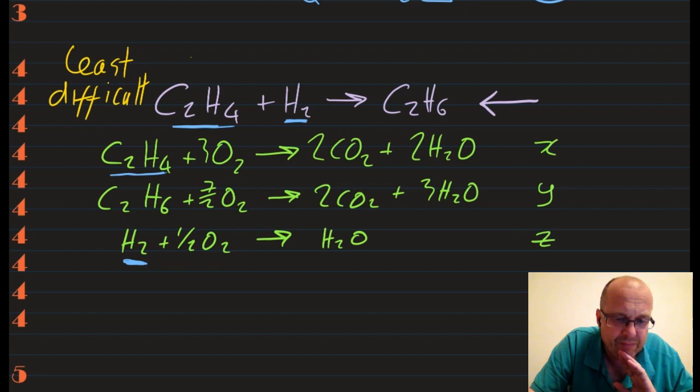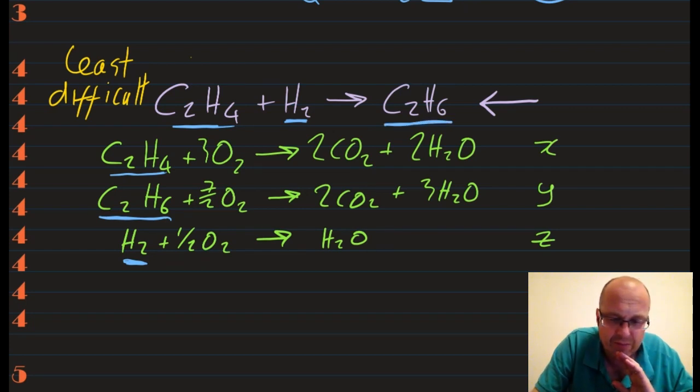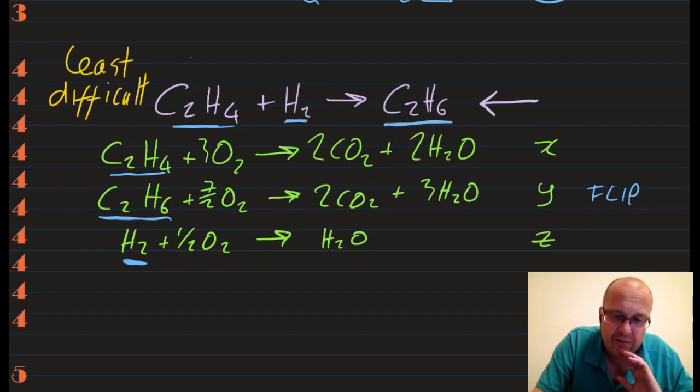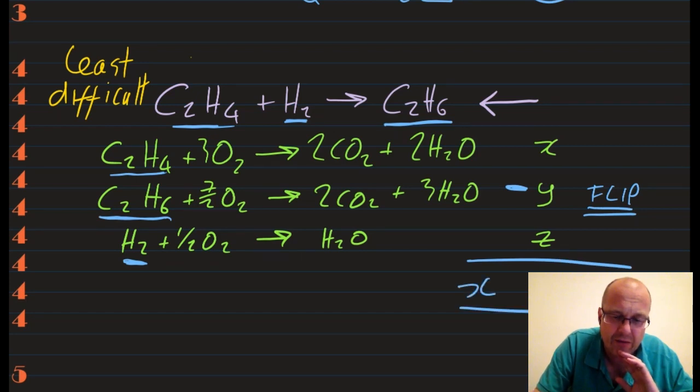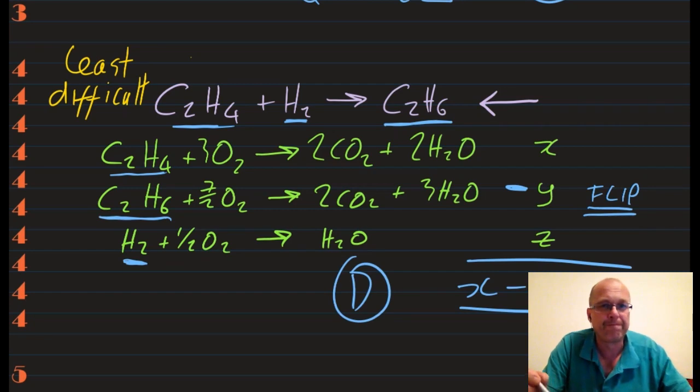So this ethane needs to go on the other side. So I need to flip this one. I'm not even going to bother adding it up because looking at the answers, it has to work. There's no doubling or tripling. So if I did flip that, that means I changed the sign. What do I do now? I just sum everything. So it's X minus Y plus Z. X minus Y plus Z is D. 14D. Easy. Everyone could do that.